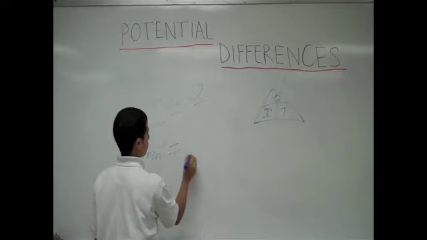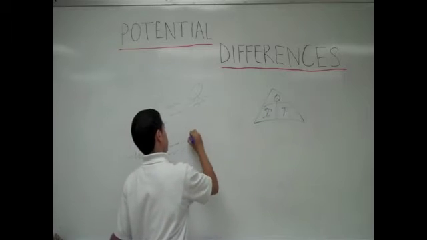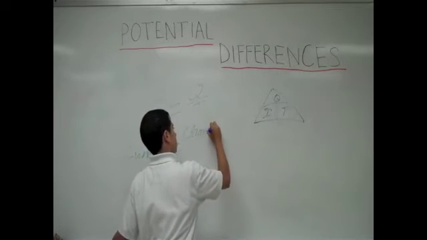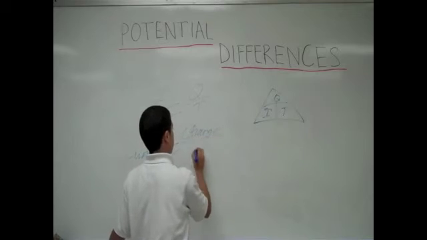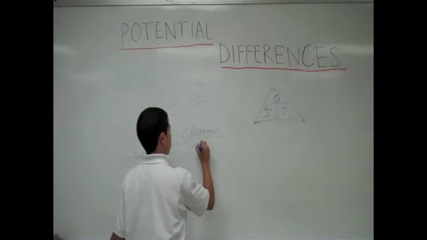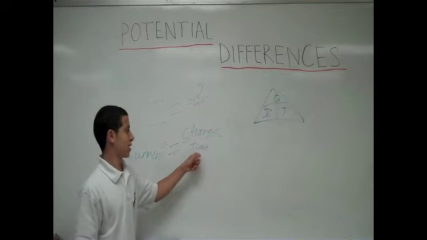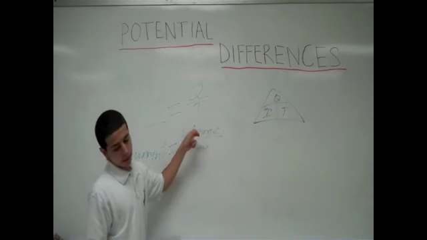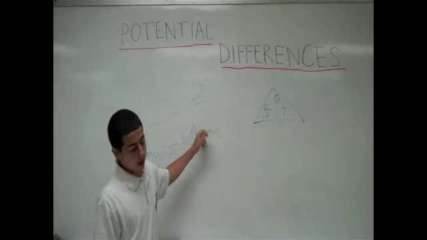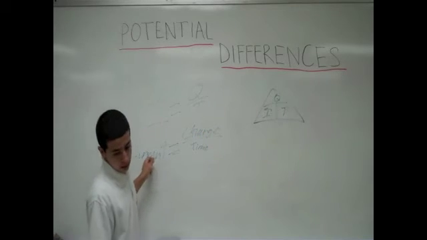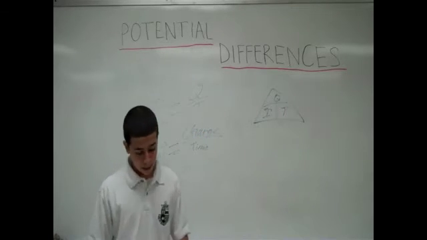So current equals the charge divided by time. As I said, time is measured in seconds, the charge is measured in Coulomb, and current is measured in ampere.